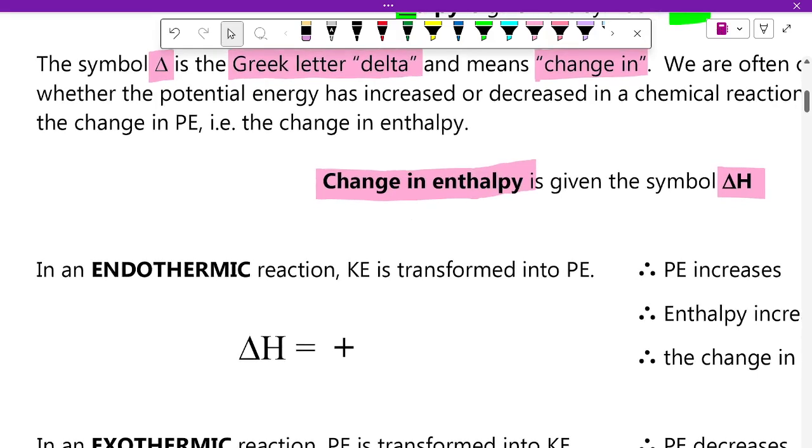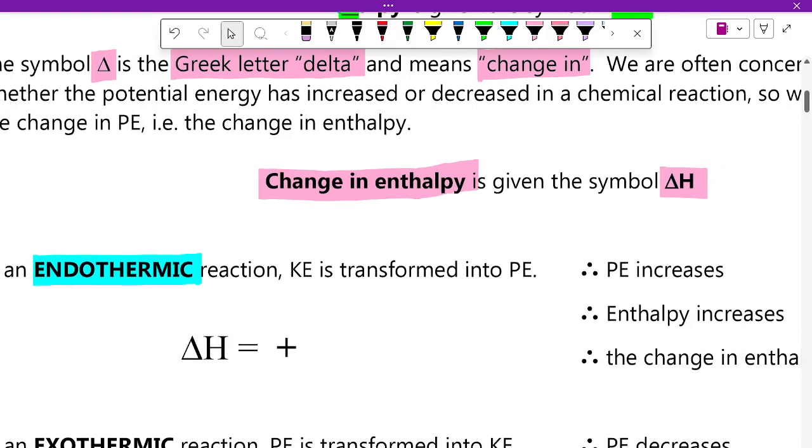So in an endothermic reaction, the change in enthalpy is positive. That's because in an endothermic reaction, kinetic energy is transformed into potential energy.